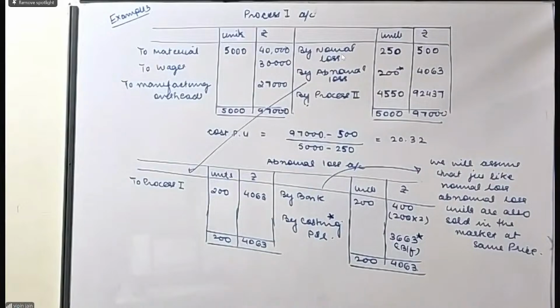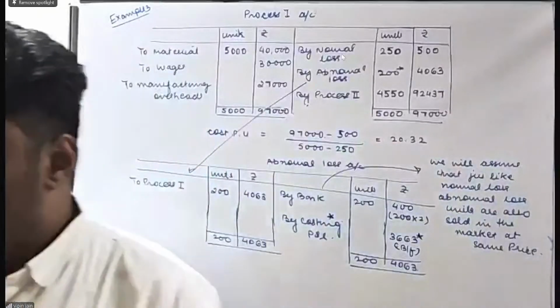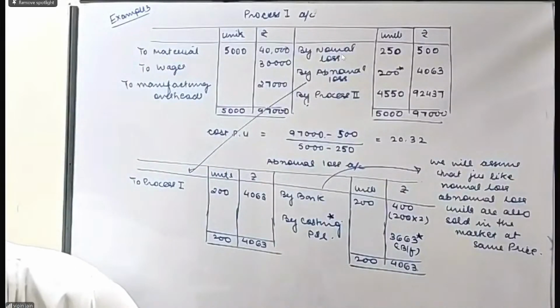And one important point in this chapter where students face problems. Sometimes in a question you are given the rate at which the wastage is transferred to the next process, and students are unable to calculate the wastage of a particular process, that is, the total normal or abnormal loss.